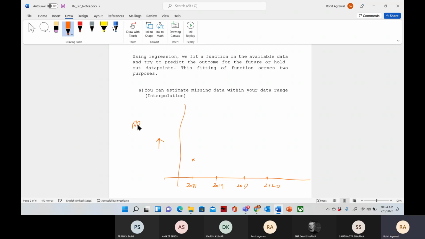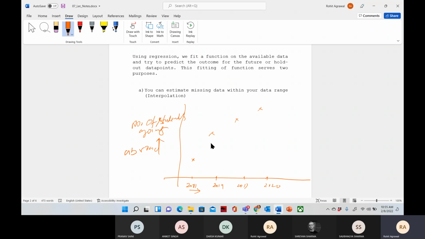Number of students going abroad, and this is year. So in this year, these are the number of students going, and in this year. So suppose you are using regression analysis and you are trying to estimate the dependent variable, that is the number of students.